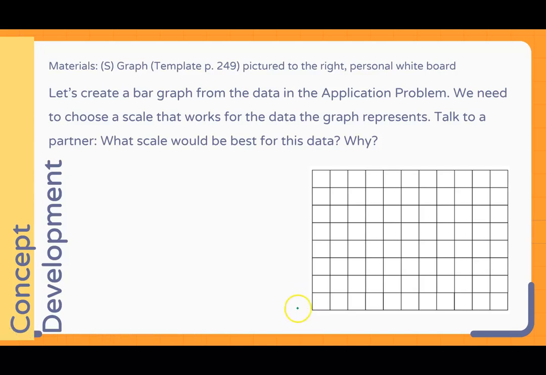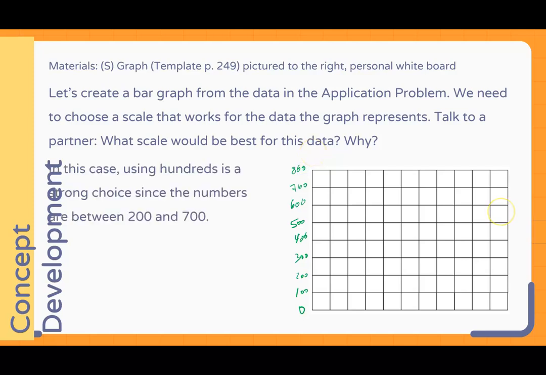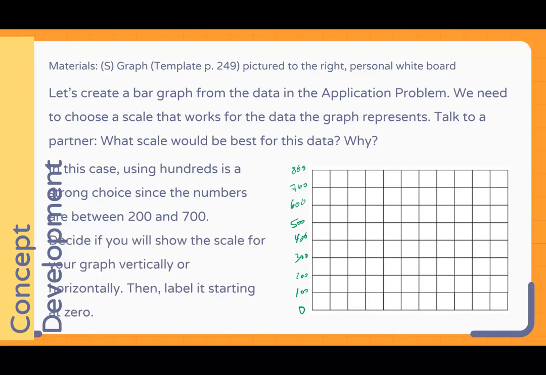So we would start our numbers with 0, 100, 200, 300, 400, 500, 600, 700, 800. Next, we have to decide if we will show the scale for the graph vertically or horizontally, then label it starting from 0.